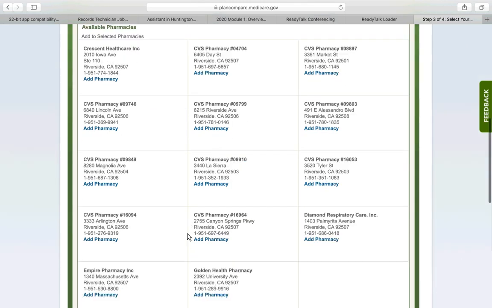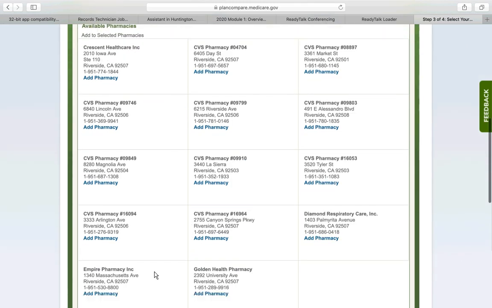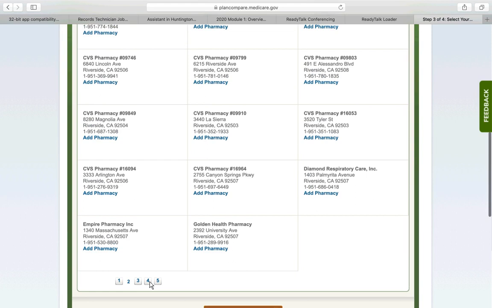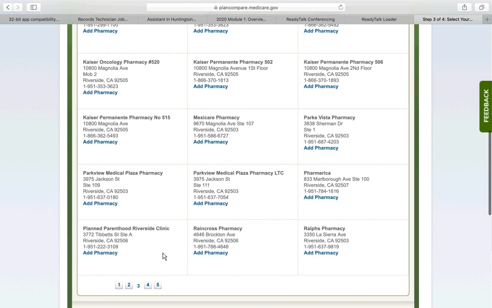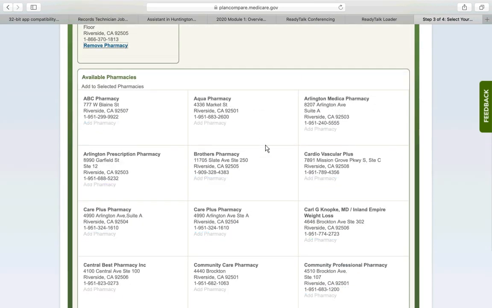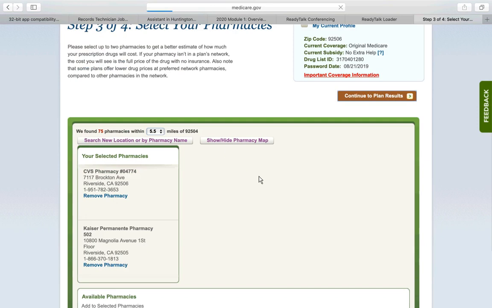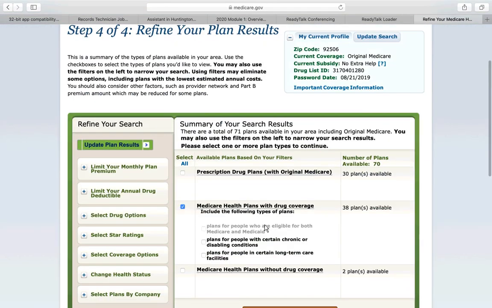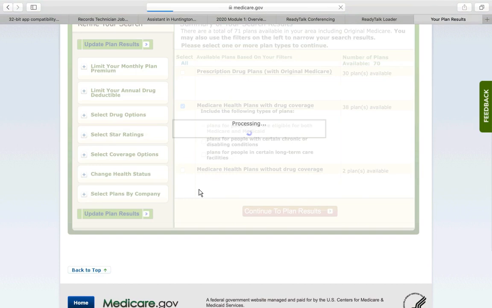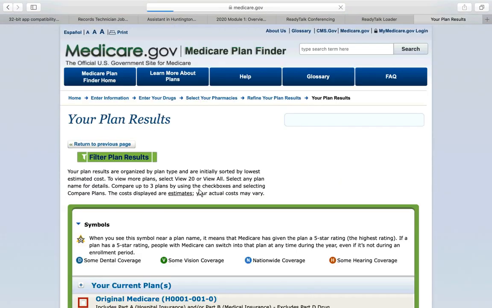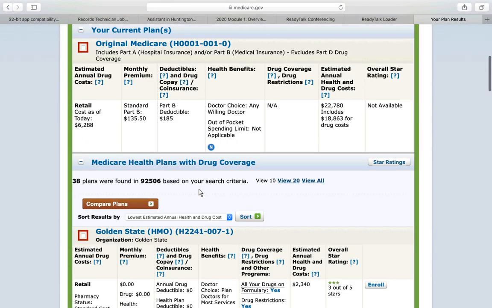So again, we're looking for that Kaiser Pharmacy. There it is. We got two pharmacies, Kaiser and CVS. It gives a better idea, so we can give them a thorough comparison. And first thing, view all.